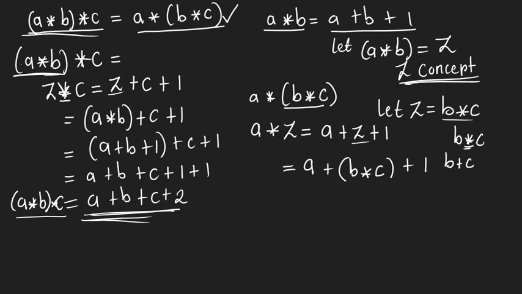So this will be B plus C plus 1. So this can also be written as A plus, here I'll replace this, because B star C is the same as B plus C plus 1, because every time we perform star, the condition says we add 1.